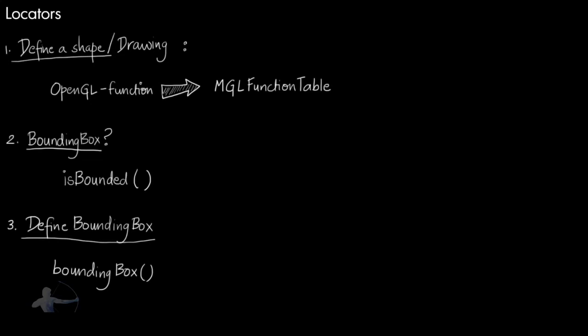And to draw the shape of the locator, we would first have to create a locator node inside Maya. And how will we create this locator node? Locator node is very similar to other DAG nodes in Maya. It would be similar to the way we created our custom node.